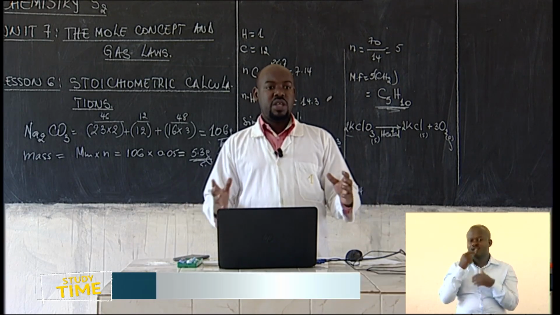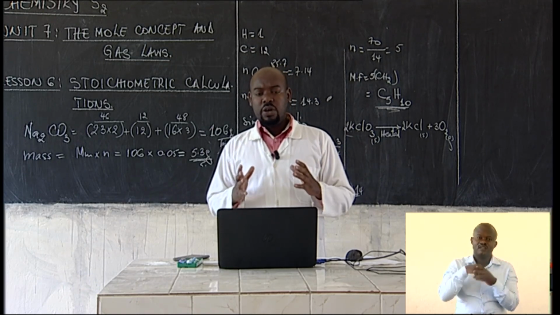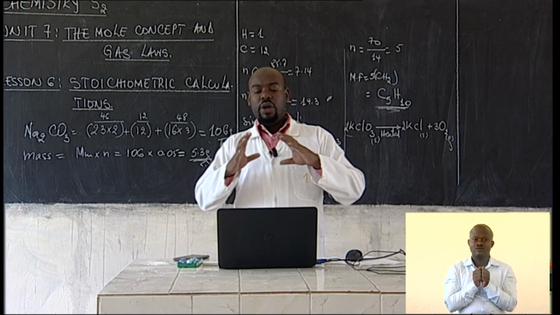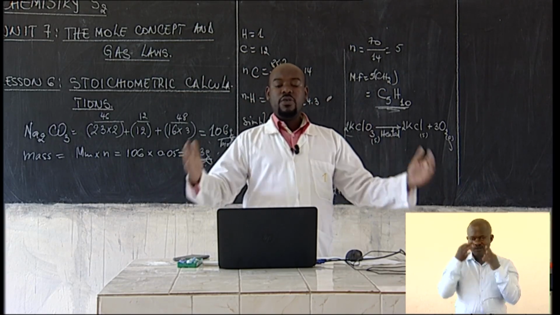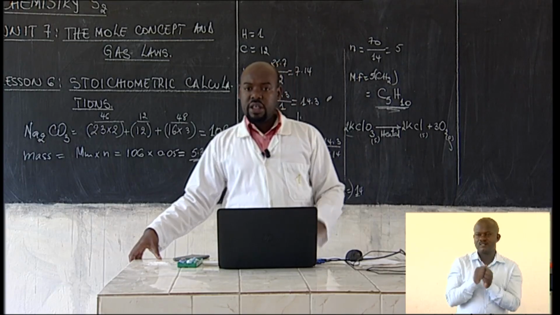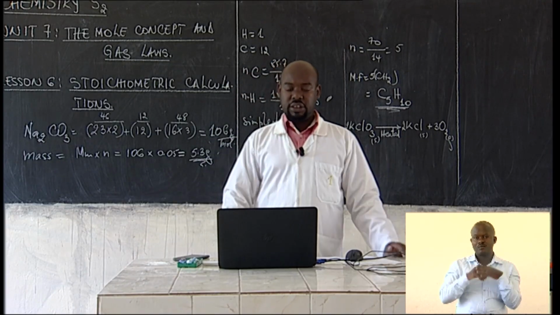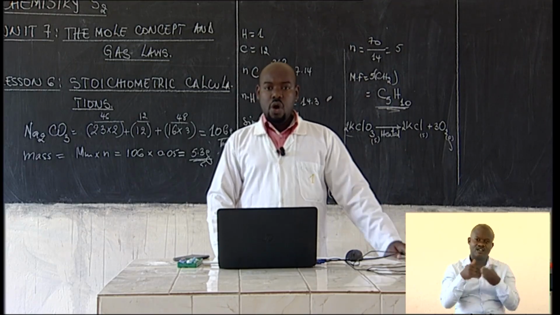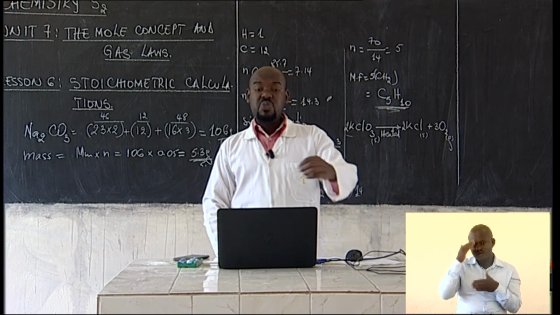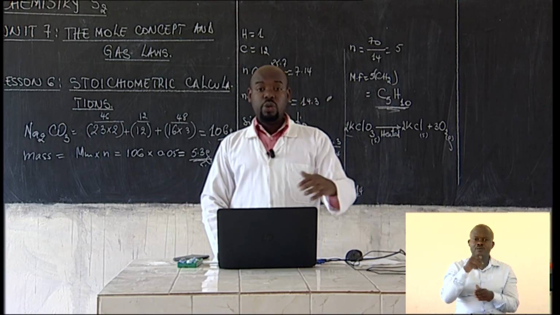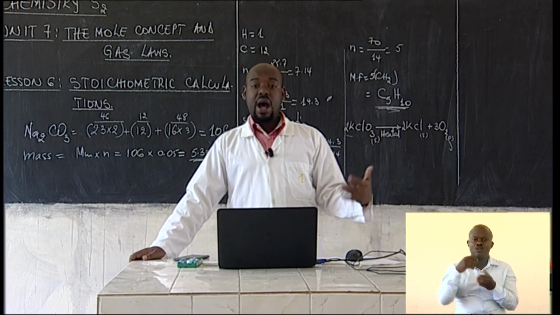So it deals with the calculations of masses in a compound. Or in a given reaction, we can determine the masses of various compounds, be it the reactants or the products. If some of the reactants' quantities are known, then we can use balanced chemical equations to determine the masses or the quantities which are unknown.